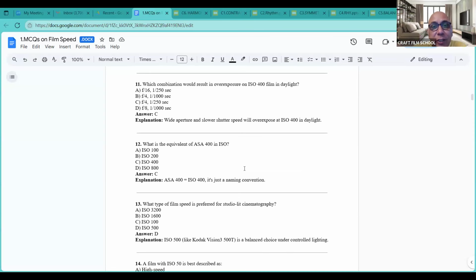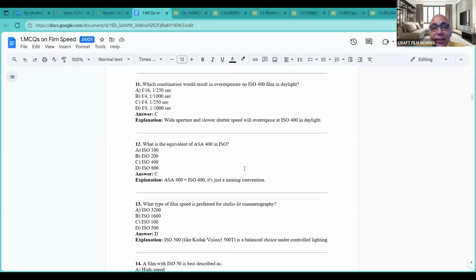Which combination would result in an overexposure on ISO 400 film in daylight? Very good question. Please try to understand it. It's very simple also, but you need to understand. Now, when he's saying 400 film in daylight, normally in daylight you use the 100 ASA film, and apply your common sense now.